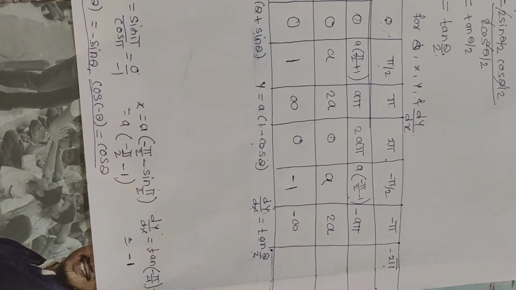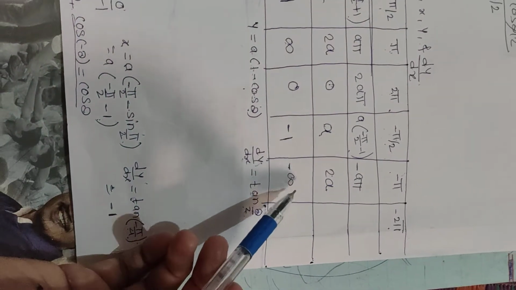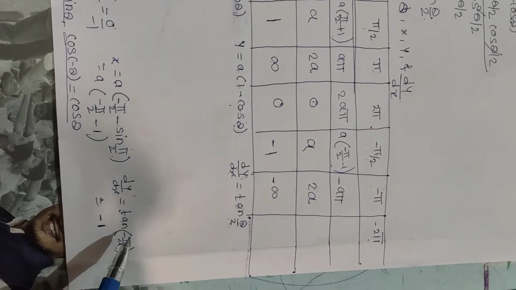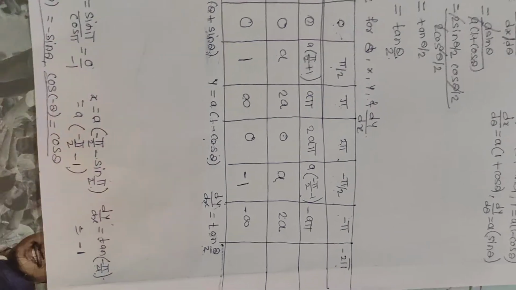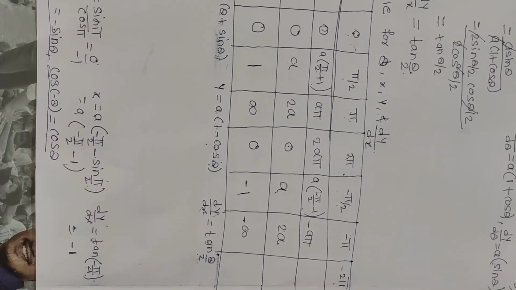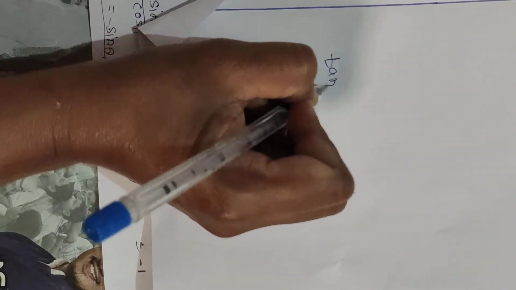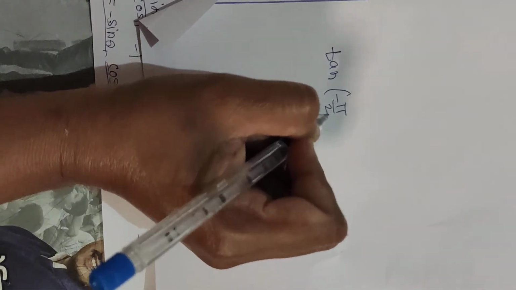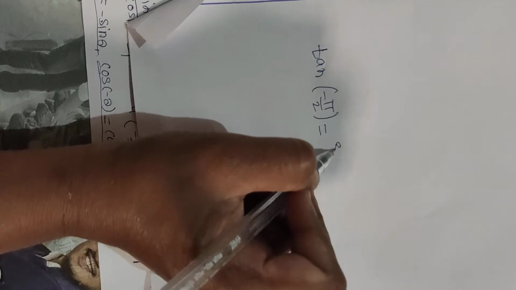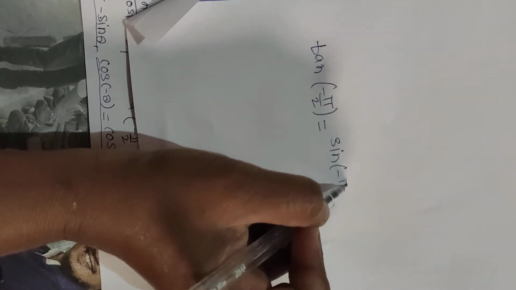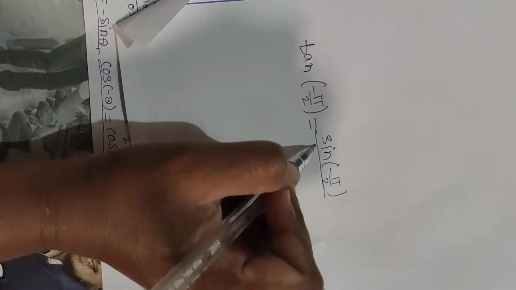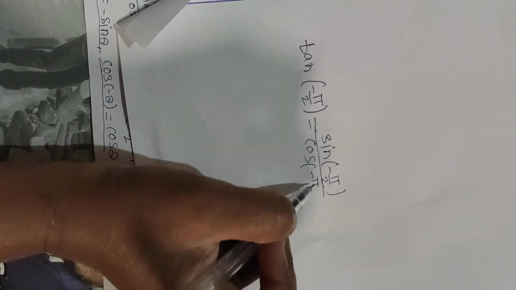Otherwise, how do we calculate tan of minus pi by 2? Again I will explain. What is tan of minus pi by 2? This can be written as sine of minus pi by 2 divided by cos of minus pi by 2, right?